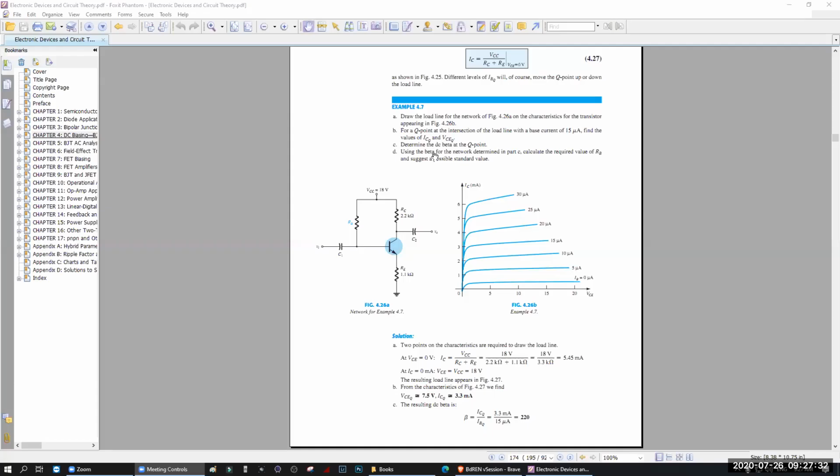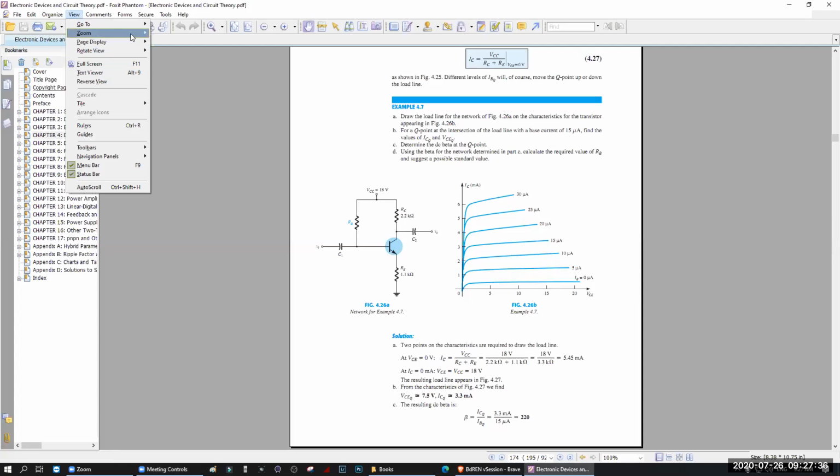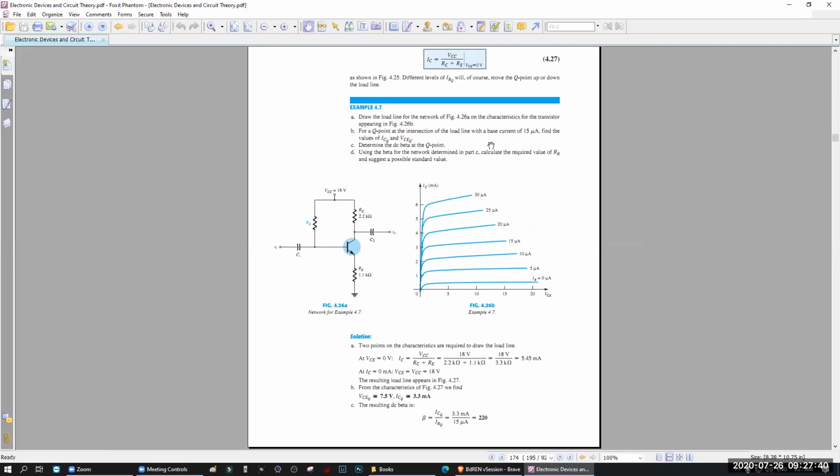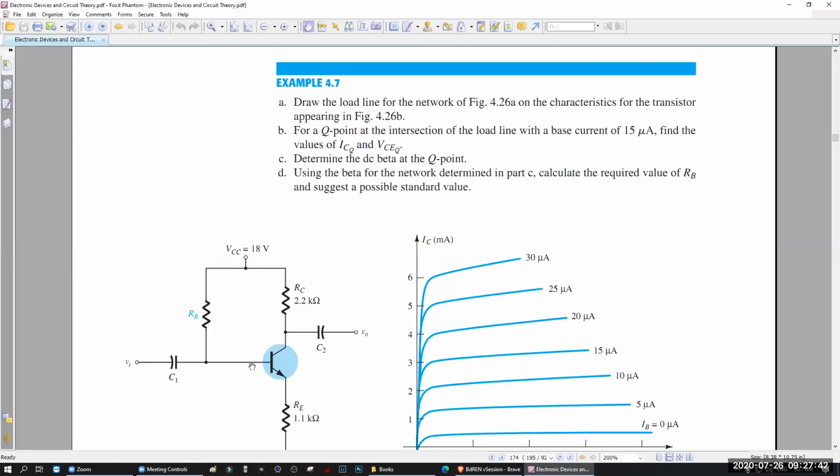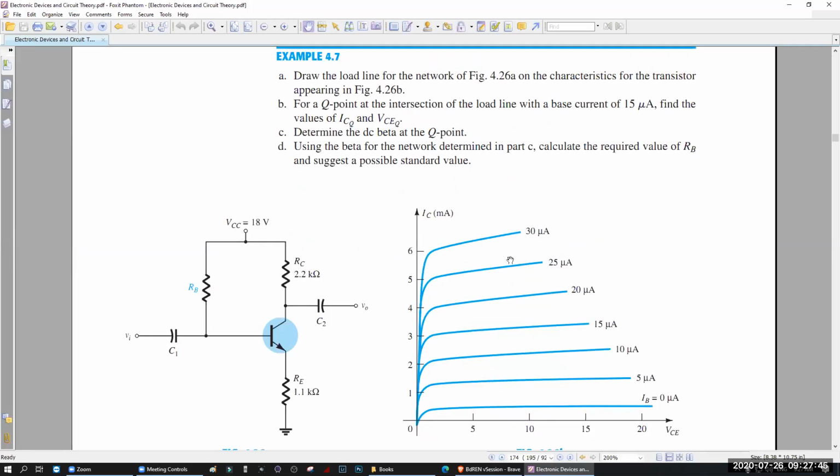Okay. So this math, we will start first. This math is from emitter bias. Here they said draw the load line for the network in the figure on the characteristics curve.